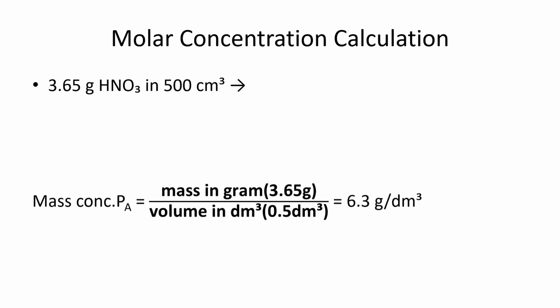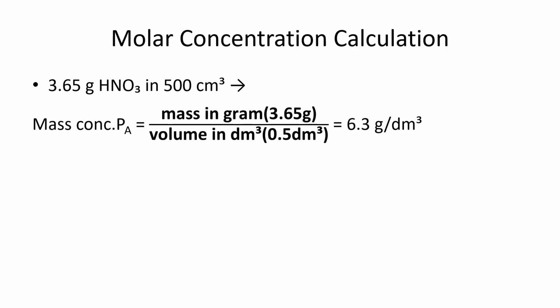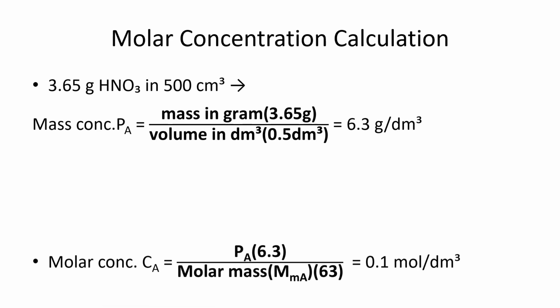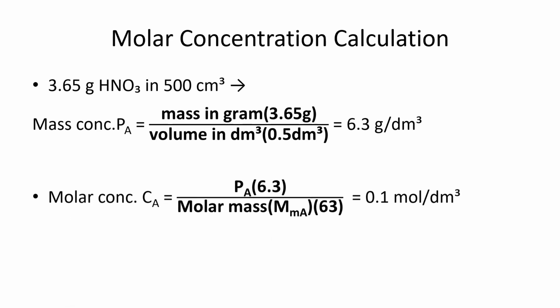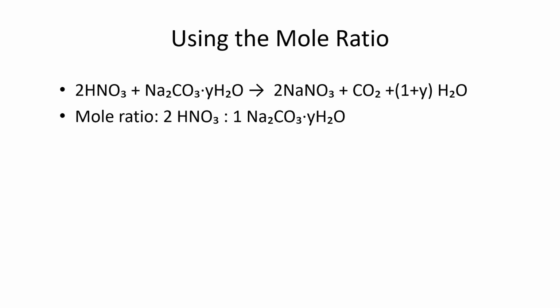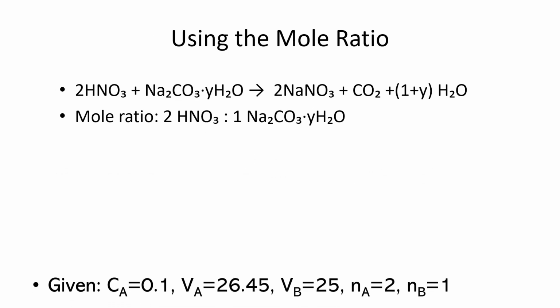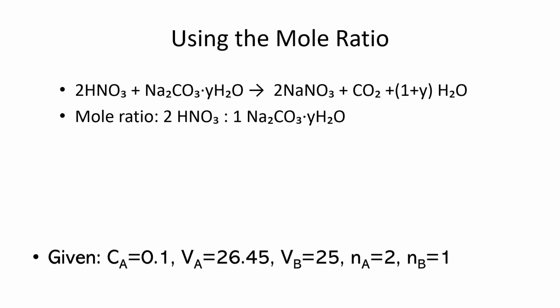The molar concentration will be mass concentration in gram per dm cube divided by molar mass, which is for A, 6.3 grams per dm cube, divided by 63 to yield 0.1 moles per dm cube. I hope you know where I got 63 from. Now we have the concentration in mole per dm cube for A. We know the mole ratio of acid to base to be 2 is to 1.